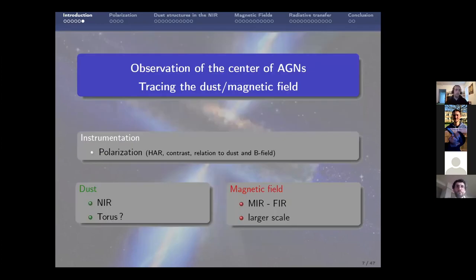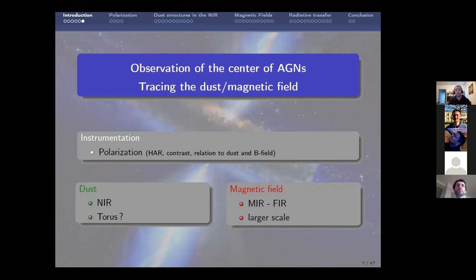So this talk is going to be oriented between actually 3 parts. I just stated 2 here. The part which I've been working on is the dust in the near-infrared and specifically the obscuring material and the torus region, which I've been mostly doing at LESI actually.